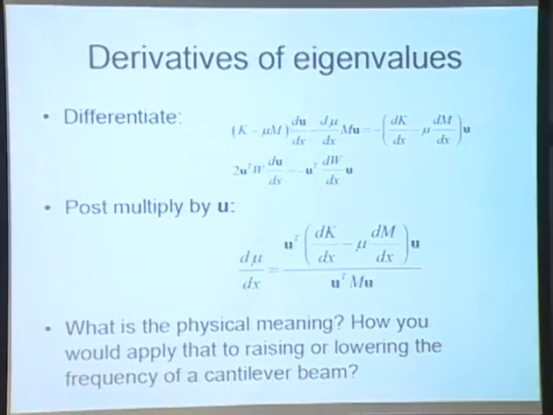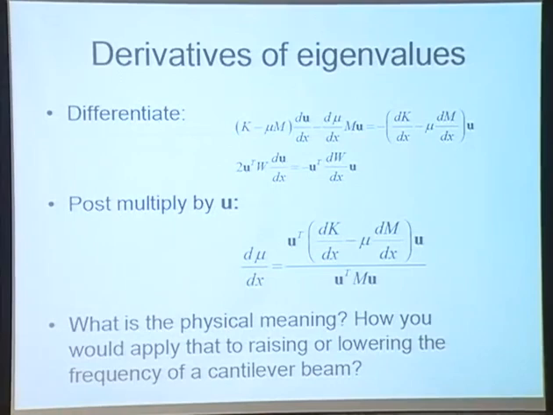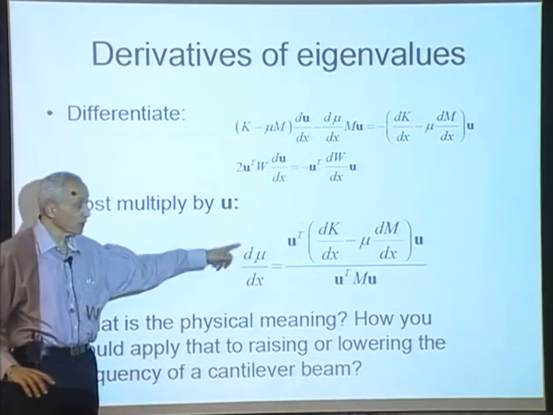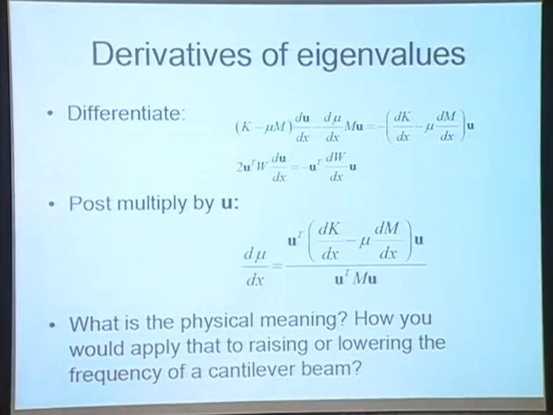The last thing that we did is look at this formula, which gives us the derivative of the eigenvalue, or the square of the vibration frequency, in terms of the derivative of the stiffness and mass matrix.